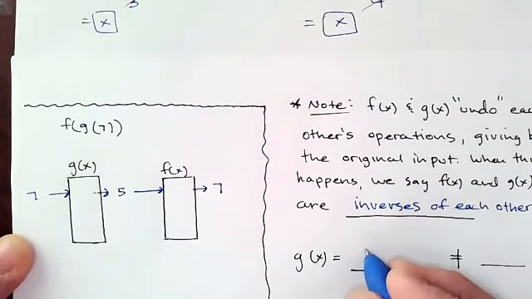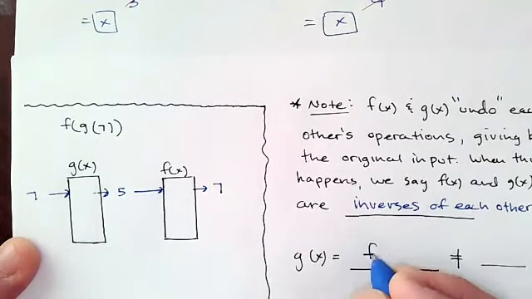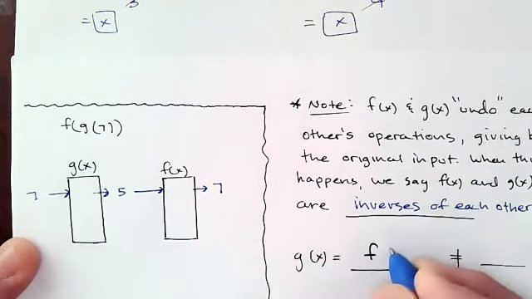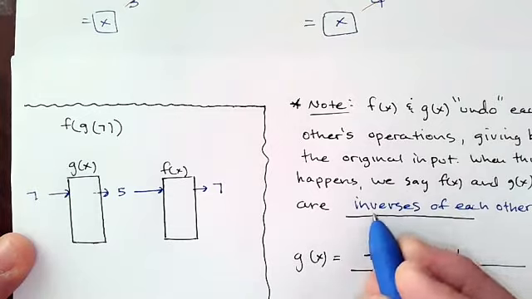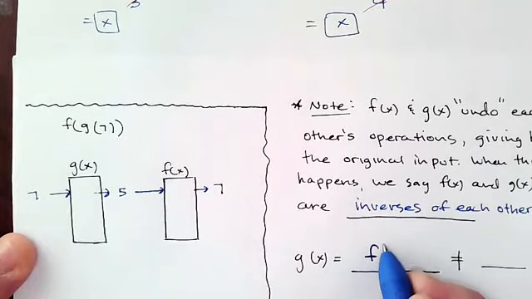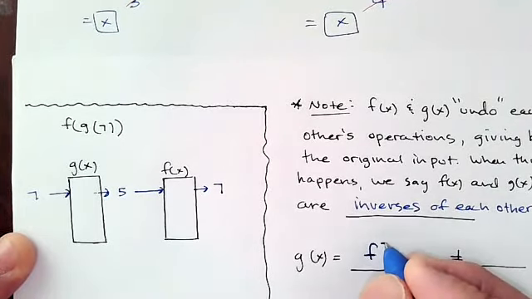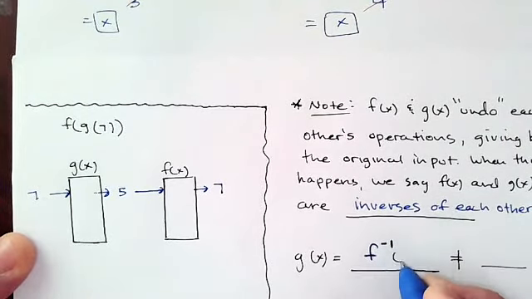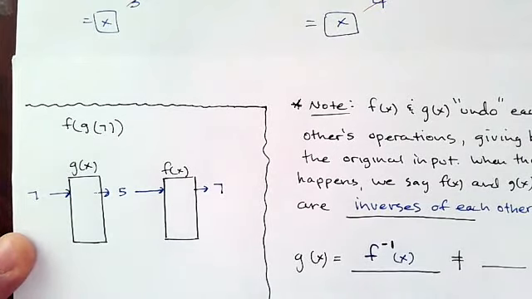And the way we denote that is one of the worst ways to denote an inverse function. If it were up to me and I wanted to say that g of x is the inverse of f, I would have put a little I up here maybe to stand for inverse. But I didn't make up this notation, somebody else did. Someone decided to make that f to the -1 of x.